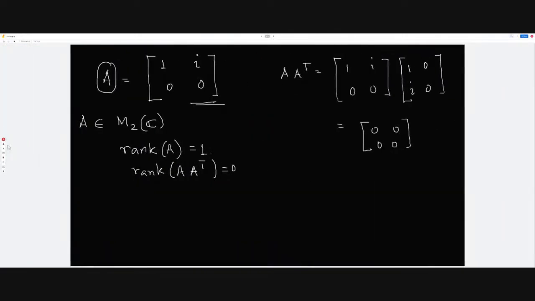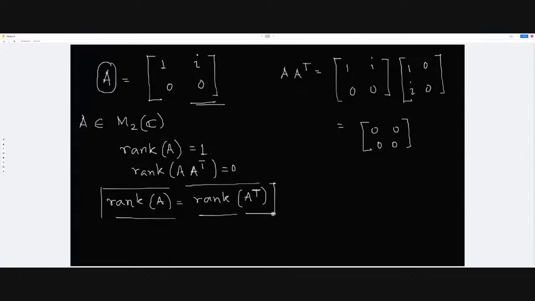For that, we will require this: the rank of A is always equal to the rank of A transpose, because row rank is always equal to column rank. This is the reason that the rank of A is always equal to the rank of the transpose of that same matrix. So what we get from here is something.